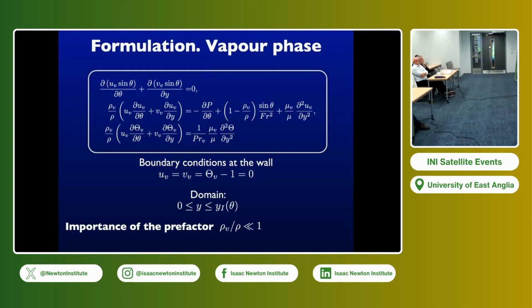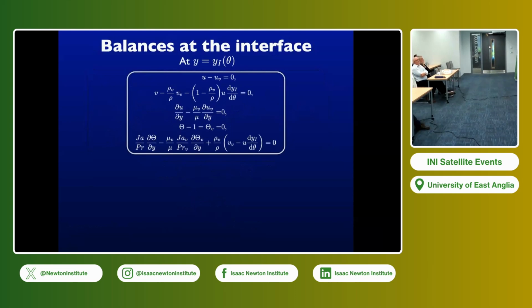Still, there is something missing that comes from the analysis of the balance, or the conservation equations, at the interface. That provides the jump conditions across the interface, which is the missing ingredient to complete the formulation of the problem. So we have the kinematic boundary condition, the continuity equation at the interface, continuity of stresses, and the temperature is equal to the temperature of saturation at the interface.